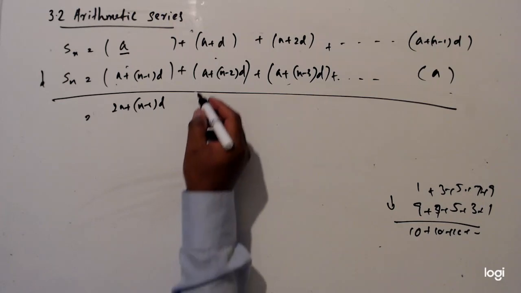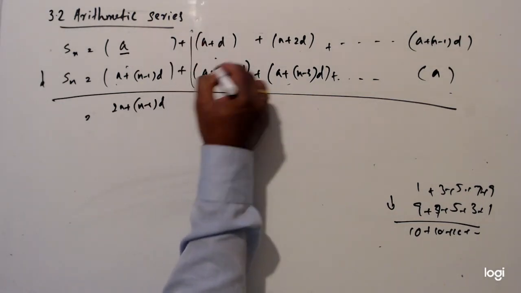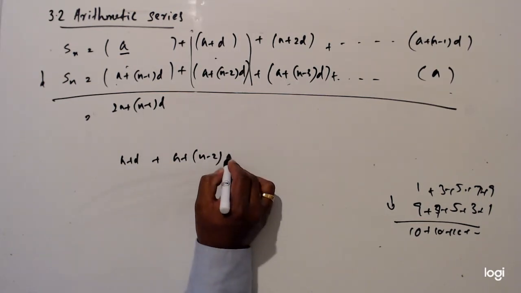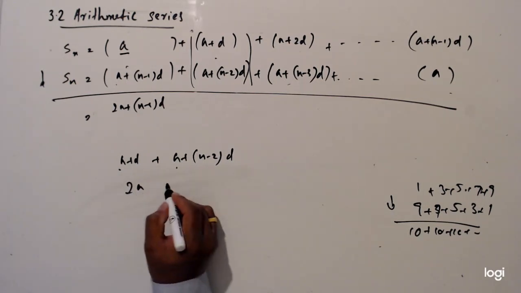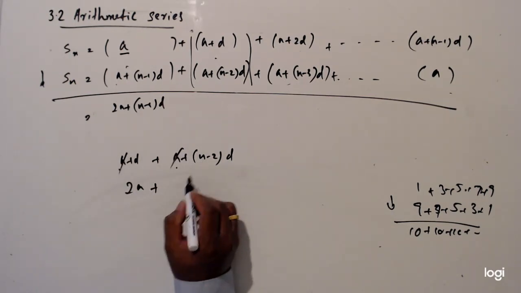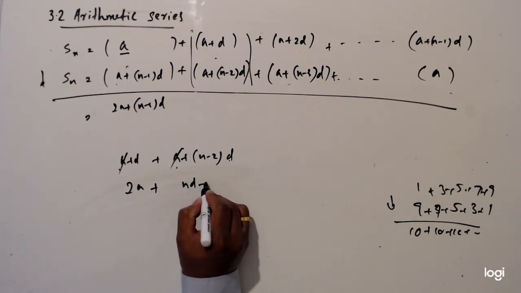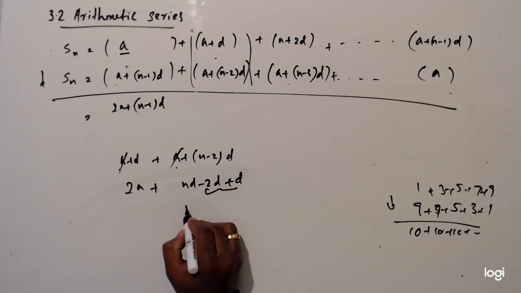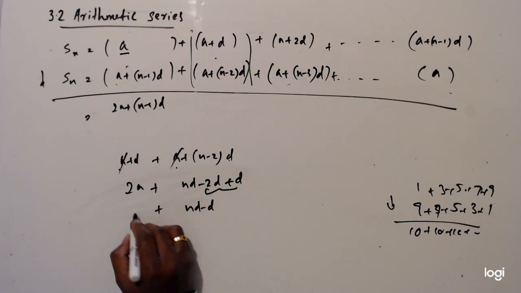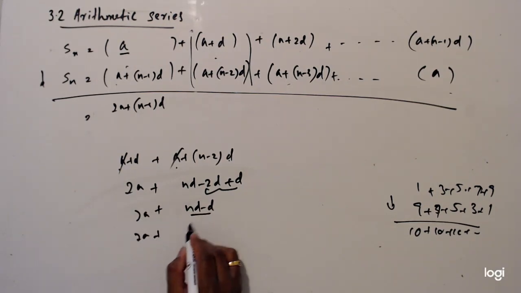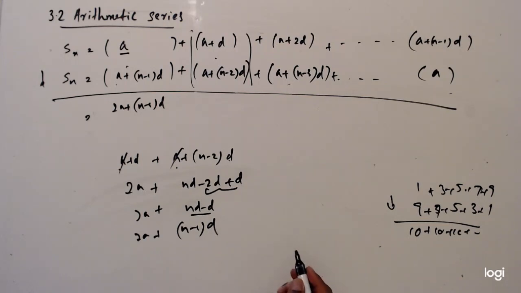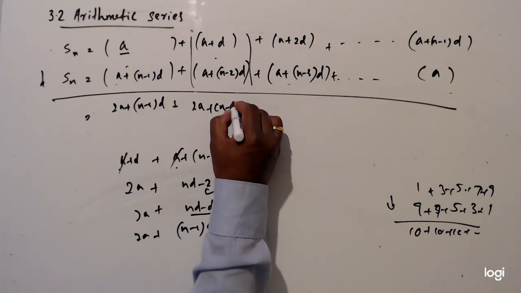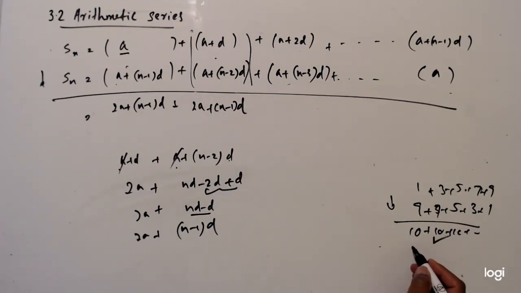Now this term and this term: a plus d plus a plus n minus 2d, or 2a, and then I will expand this one: nd minus 2d plus d. So then this will come nd minus d. So 2a plus, I'll factorize d again, n minus 1 times d. This is also 10. The same number.